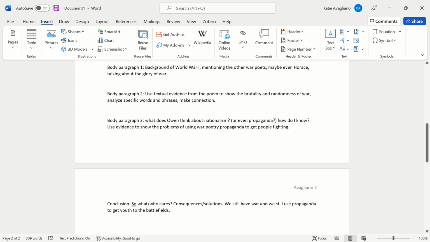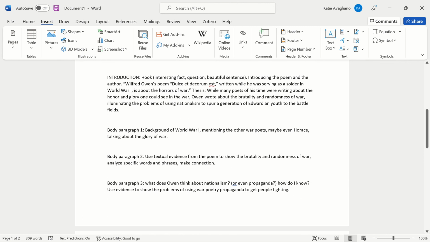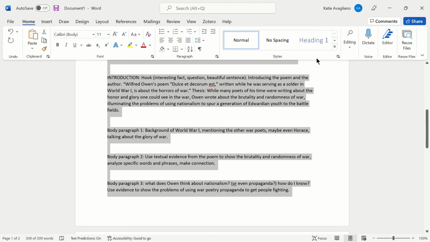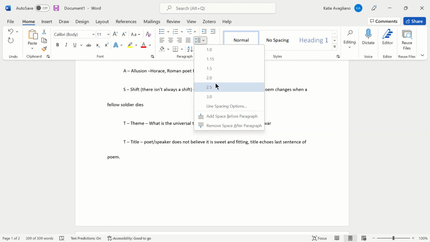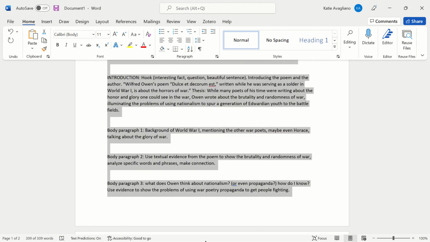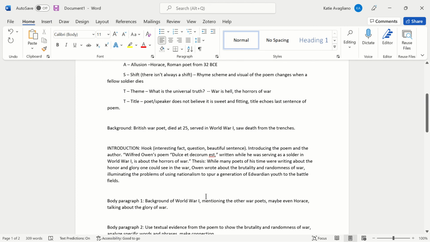All right, so I'm going to state a couple of things that I think are obvious, but are never as obvious as I think they are. Of course, you're not going to turn in things like body paragraph 1 when you actually turn in your essay. You're also going to make sure that your whole essay is double spaced, as it should be according to MLA format, right? You're going to make sure that you're proofreading your essay.